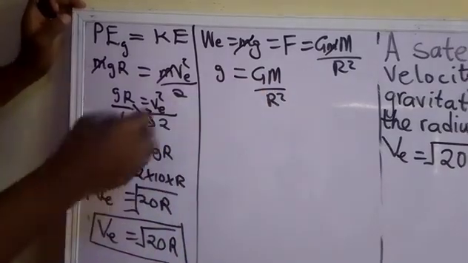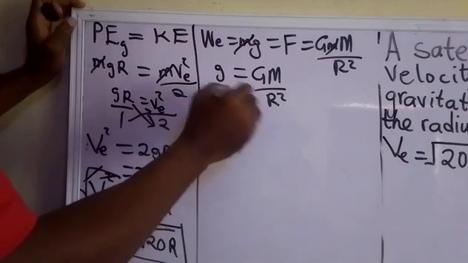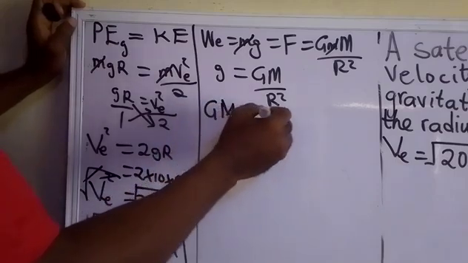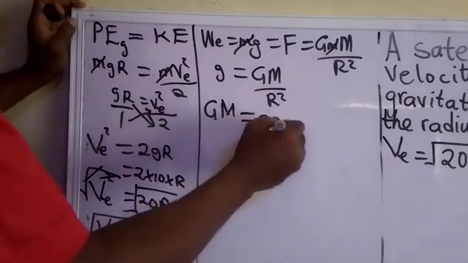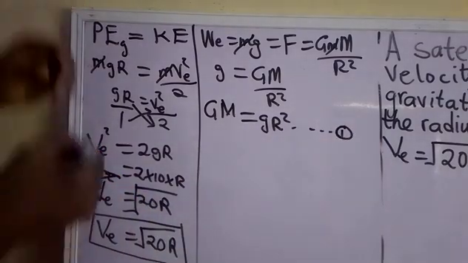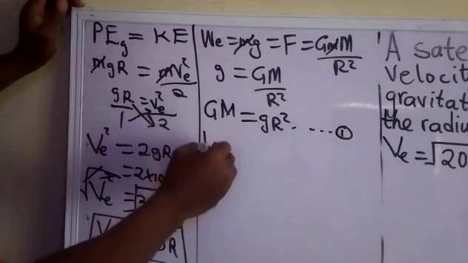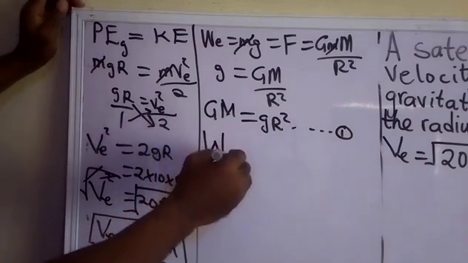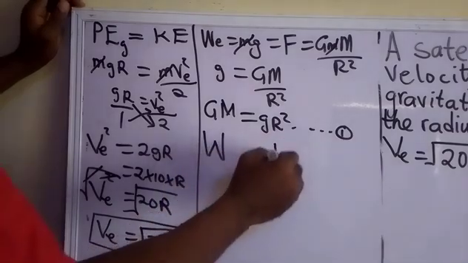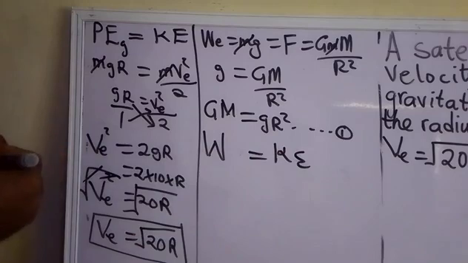Okay, I want to make GM, capital M, the subject of the formula for a reason. So I can call this equation 1. Okay, having done this, I can say work done against gravity must be equal to the kinetic energy of the moving satellite.